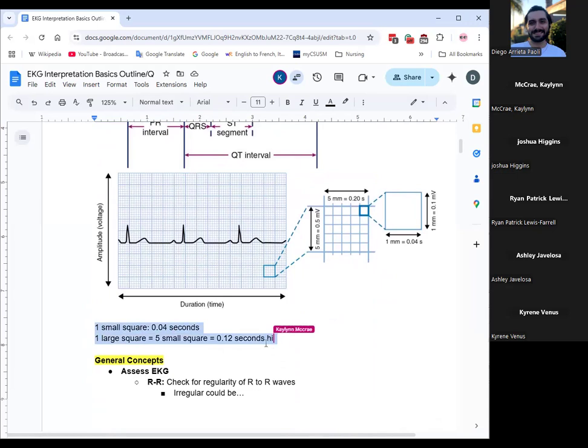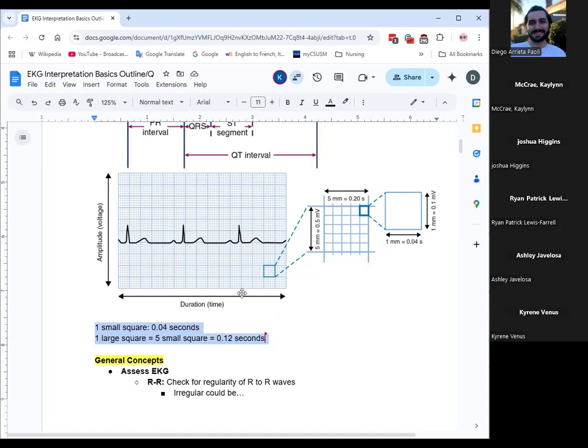The most important stuff is pretty much right here. One small square is 0.4 seconds, and one of these large squares is made up of 5 small squares. So that's equal to 0.12 seconds. For the most part, I just go off the number of squares rather than the time.